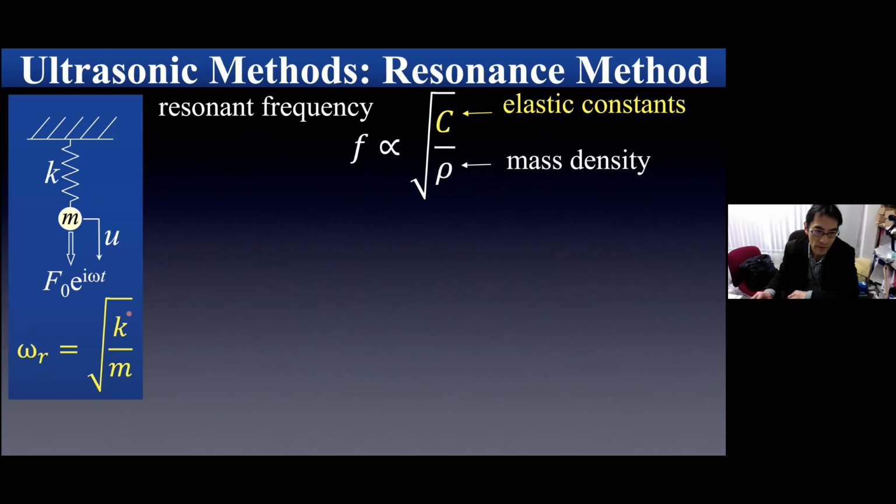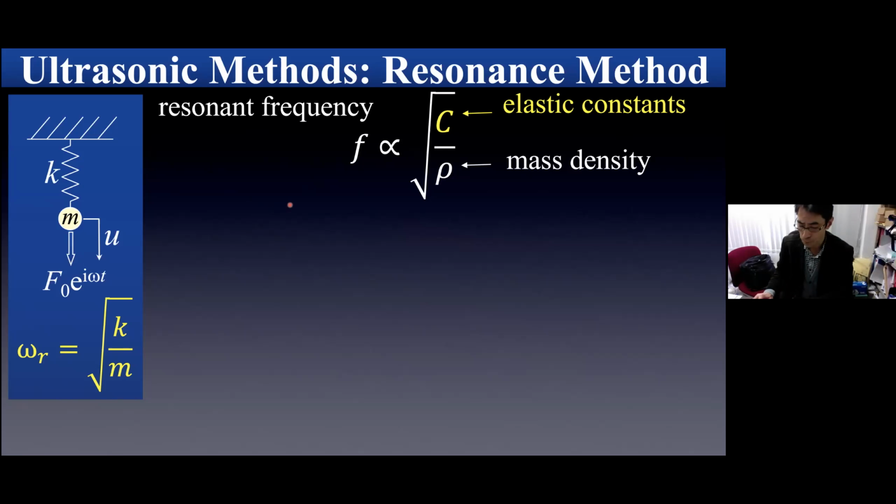The elastic constant is like the spring constant between atoms, so by measuring the resonant frequency of this system, we can determine the spring constant if we know the mass. The same thing occurs for the continuous solid.